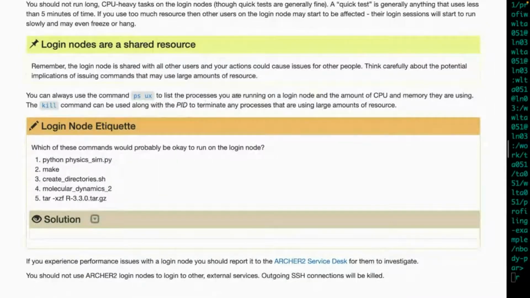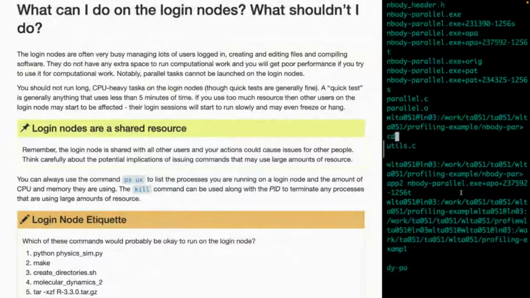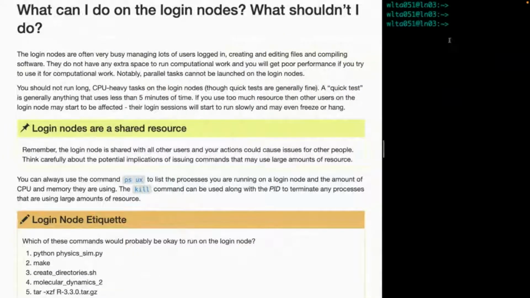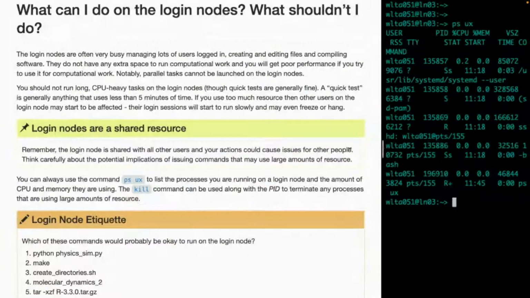Something important to note is that this shows the processes that you're running on a login node. So if you're logged into ln, well, here I am at the moment, I'm on ln03. If I do ps ux, here's everything I have.